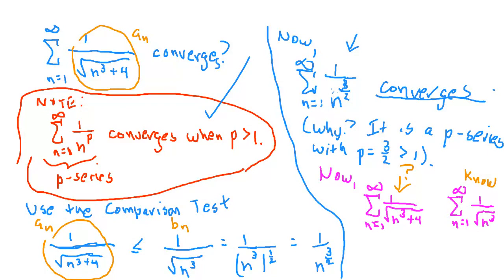Which is true? Is the first series less than the second series, or is the first series greater than the second series? By virtue of this inequality here, less.